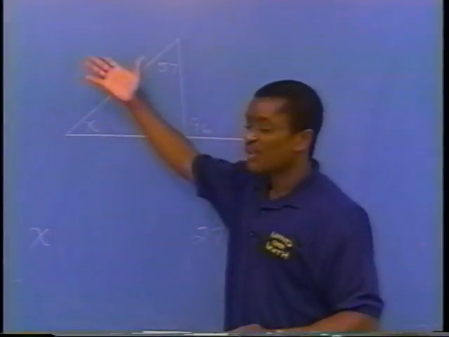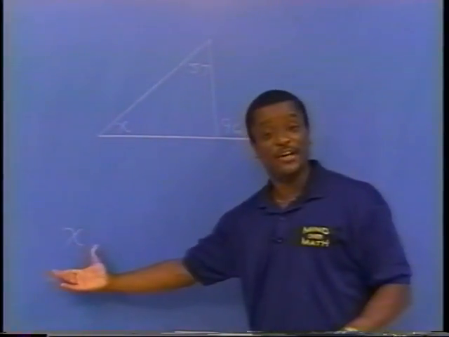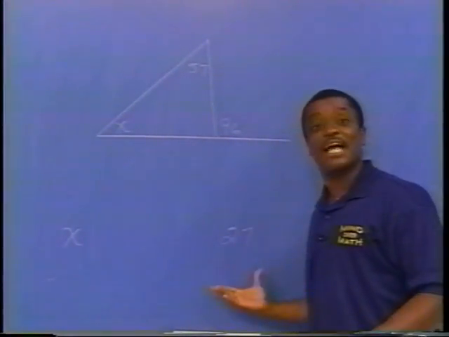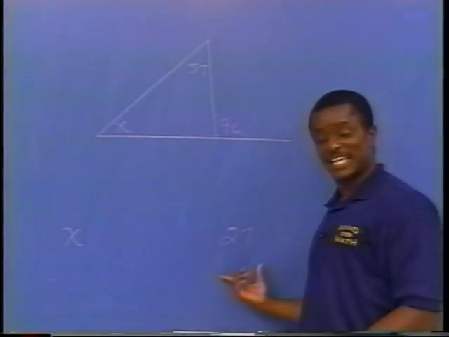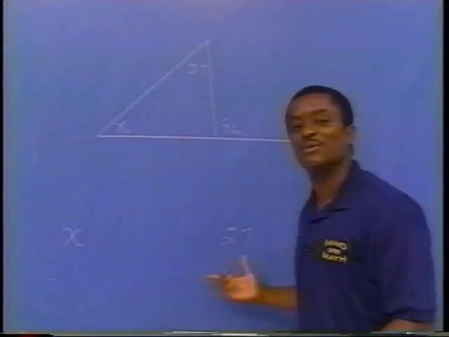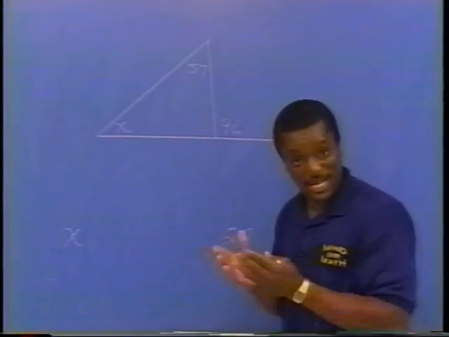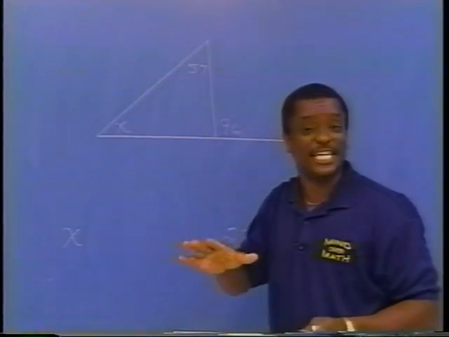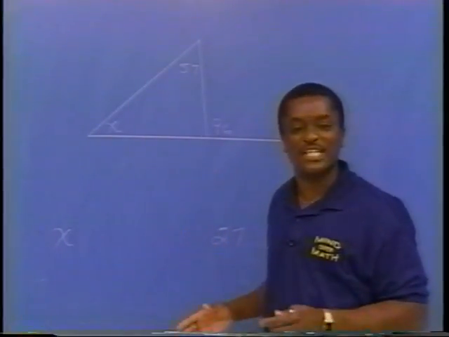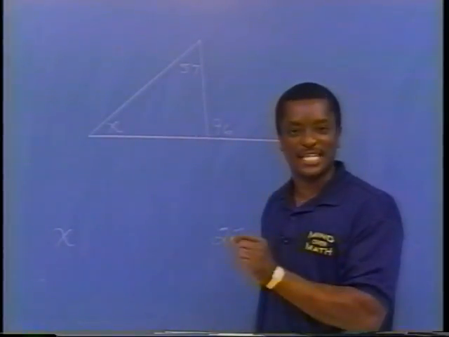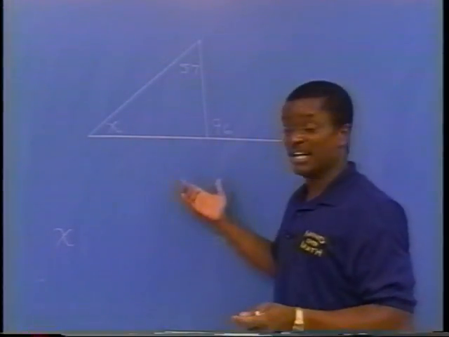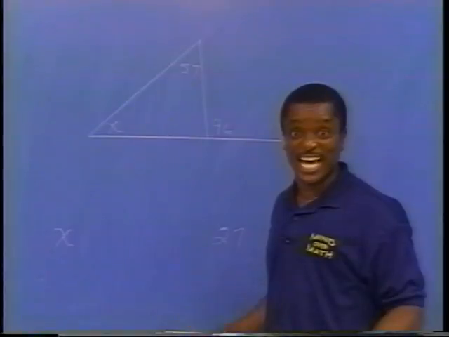We can choose the choice in column A, which in this case would be X, if X is greater than what's given in column B. If B, in this case 27, is greater than whatever X is, then we would choose B. If those quantities are equal, we're going to choose C. And we're going to choose choice D if we do not have enough definitive information to determine a precise and unique answer. So now, let's evaluate the information that's given here, and let's find out what's greater, okay?